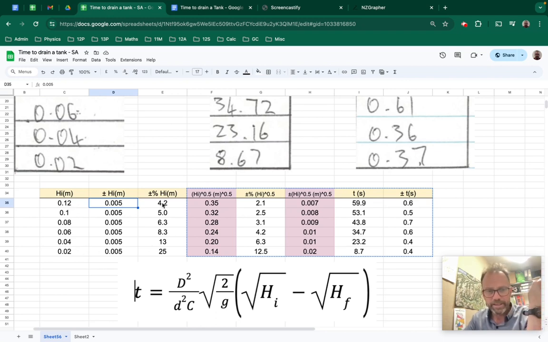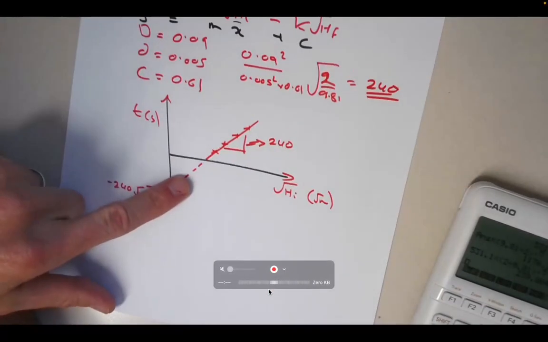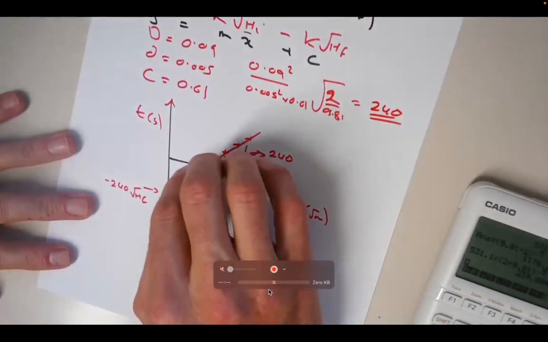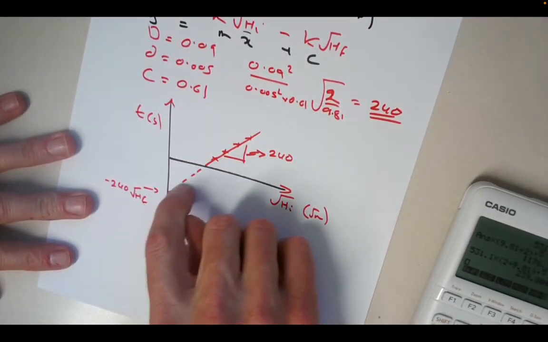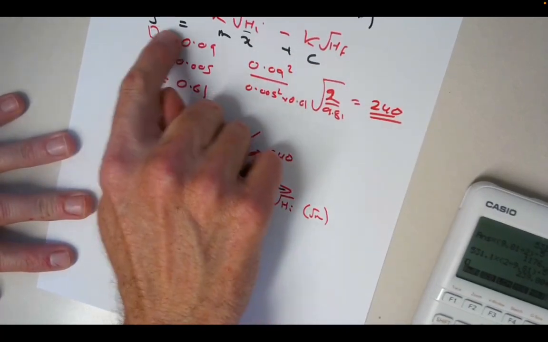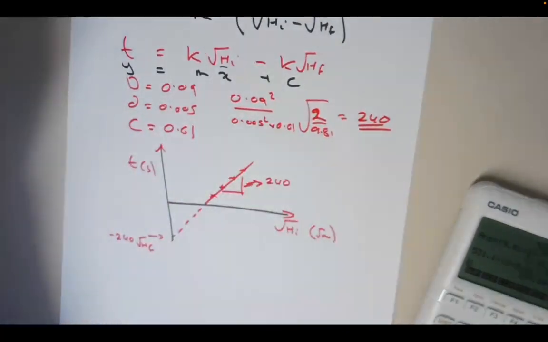So the percentage error does mean it's a 25% error here. I've square rooted. Why? Because the relationship says if you square root it, we'll get a possible linear relationship. If we did put the square root, we would get this linear line, and we'd get this following the y equals mx plus c perspective here.